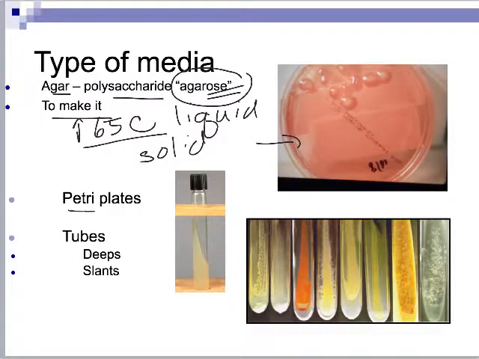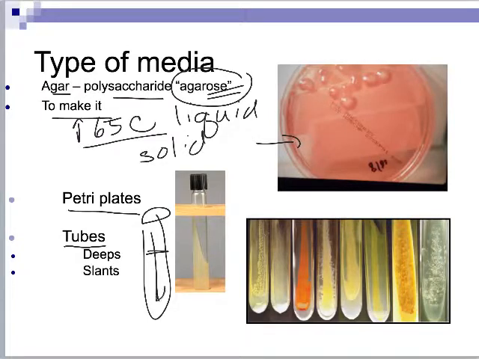We could pour it into petri plates, or we could put it in tubes and have them be level, so then you would stab down into it, or we can make slants. For a slant, you pour the media into the tube and you tilt it. This is a picture of a whole bunch of slants with bacteria growing on the surface.